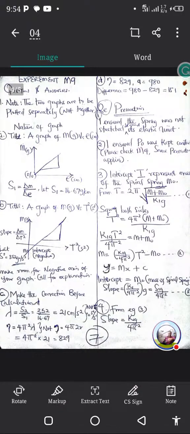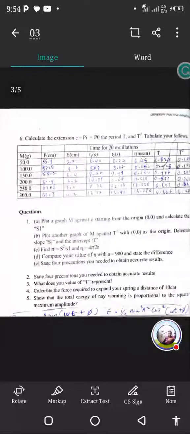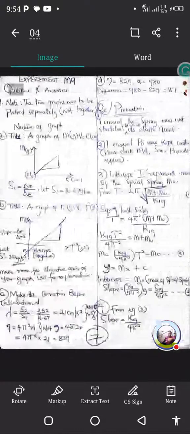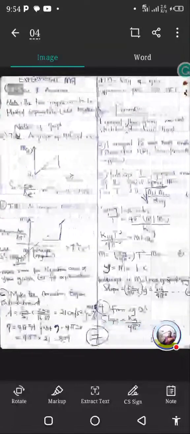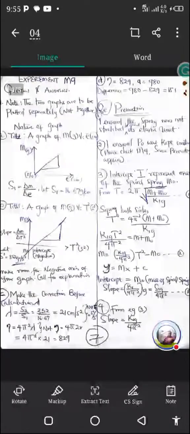All right. Come to question 3, which says: what does your value of the intercept represent? Now the value of the intercept represents the mass of the spiral spring, and don't forget m0. Don't forget that I stated earlier that where we were asked to measure the spring without the mass, we should measure our p0.